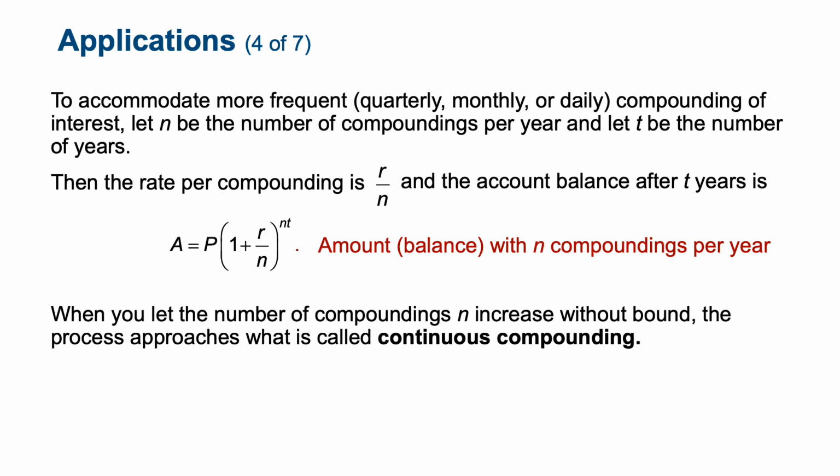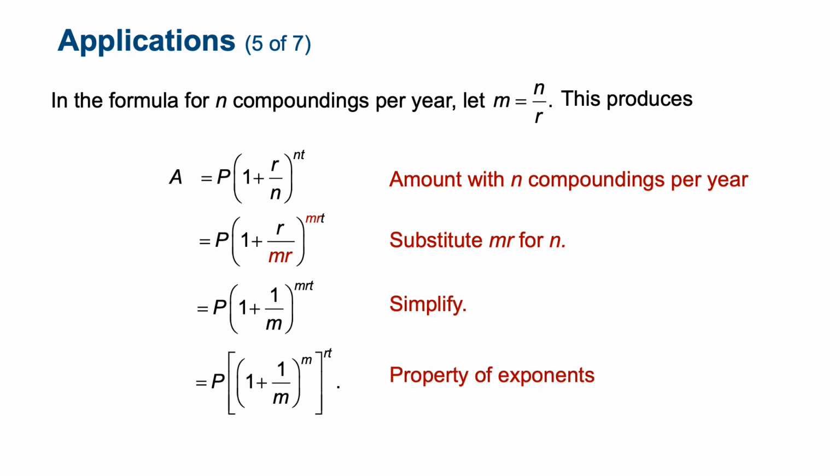When you let this number of compoundings n increase, basically approach infinity without bound, this process approaches what we call continuous compounding. You don't have to know this for a test or anything. This is just showing you how it developed.